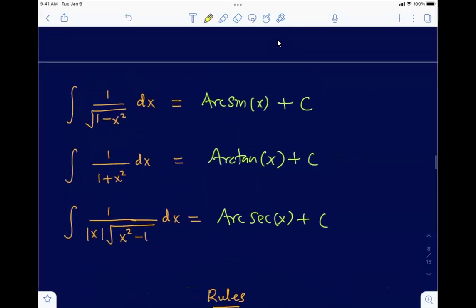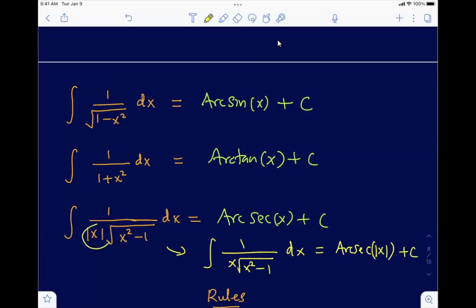In some variations, this last result can be weaved in this way to enrich the application, the domain of application of the answer. So other than having absolute value here, you can put the absolute value there. So it is essentially again the same.